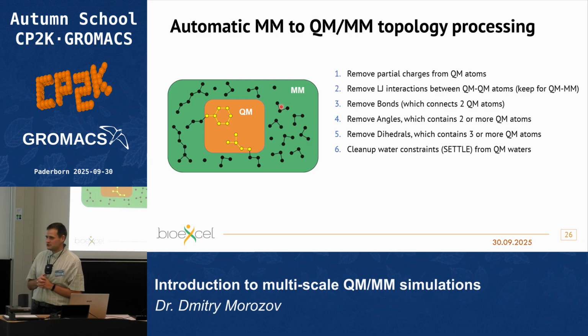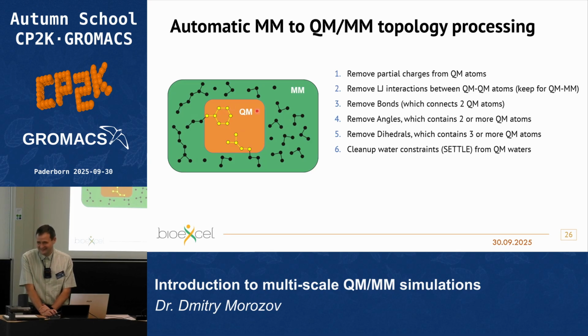That's why it is usually suggested that all waters which do not directly participate in, for example, a reaction should be MM waters. Because if MM waters diffuse into the QM system, it is not a problem. It is just solved by the smearing potential. But if your QM water tries to leave the QM box, your simulation will crash.